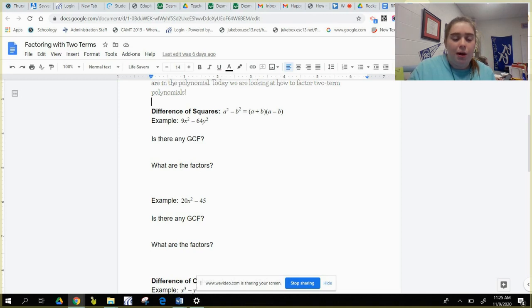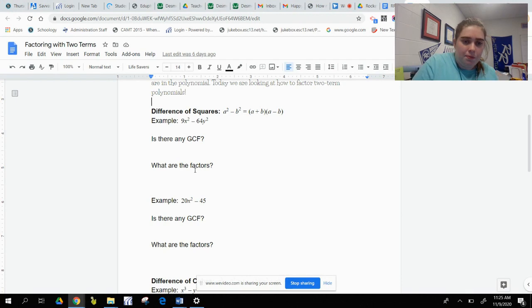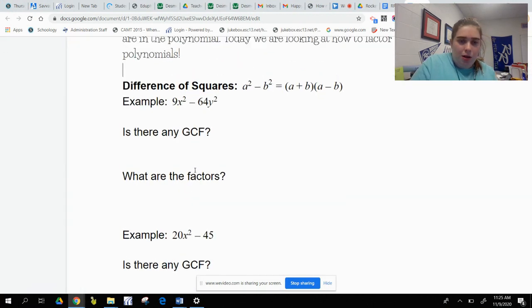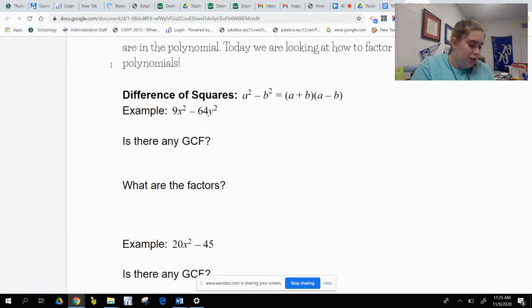What do you think could come out of both of those? Let's think about it: could we take 9 out of 64? So actually, let me zoom in really quick so we can see a little better. Can we take 9 out of 64 evenly?